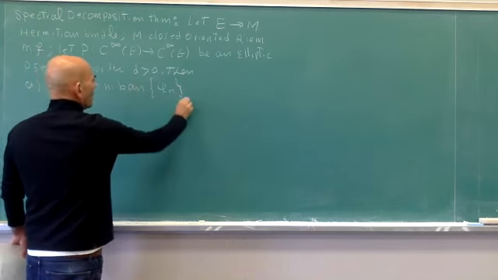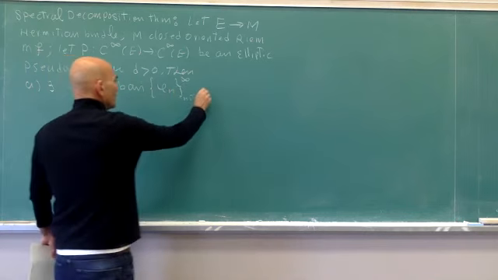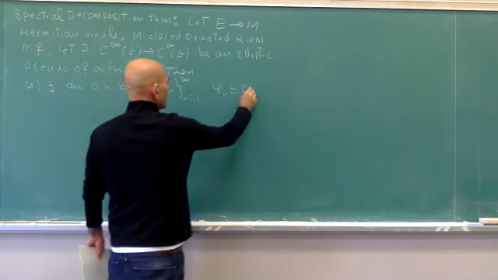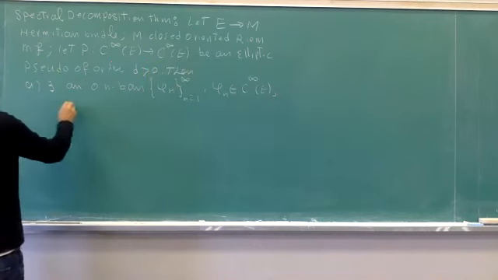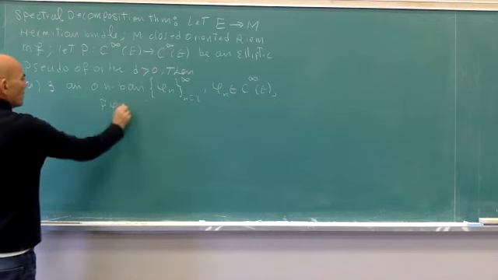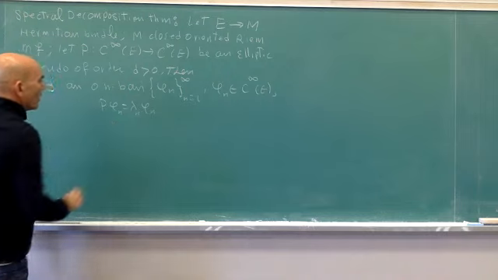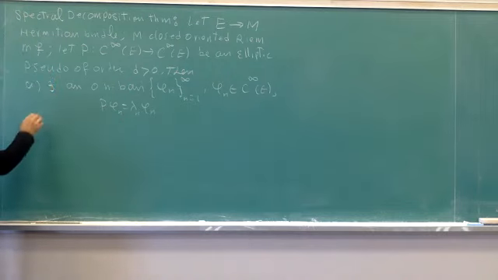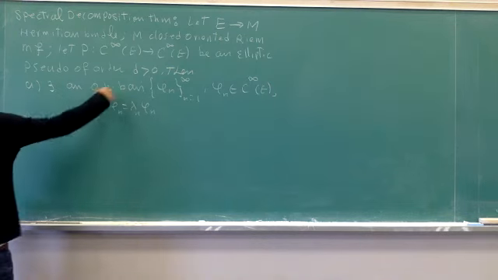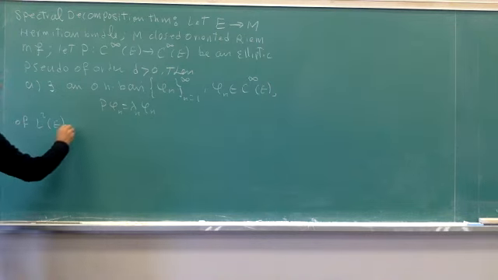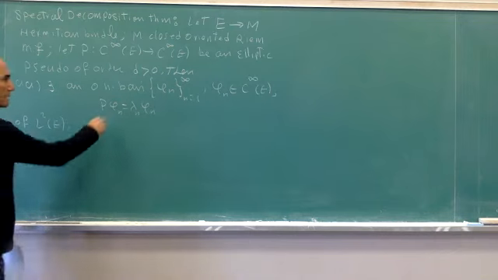Yn, n from 1 to infinity, Yn belonging to C infinity of E, with P of Yn equal to lambda n Yn, and this is an orthonormal basis of L2 of E. As is indicated, this orthonormal basis consists of eigenfunctions of this operator P. So that's the first part.